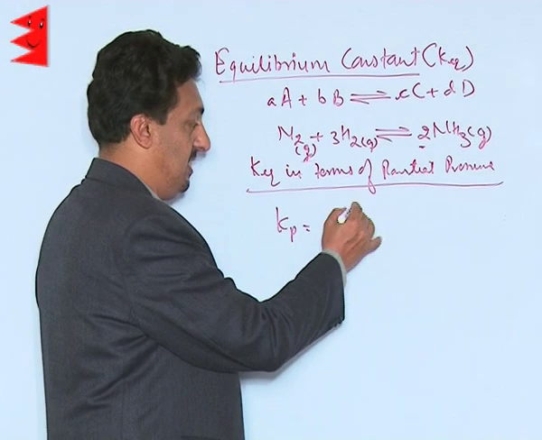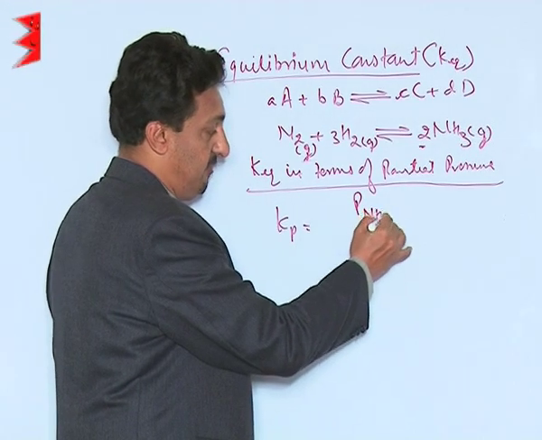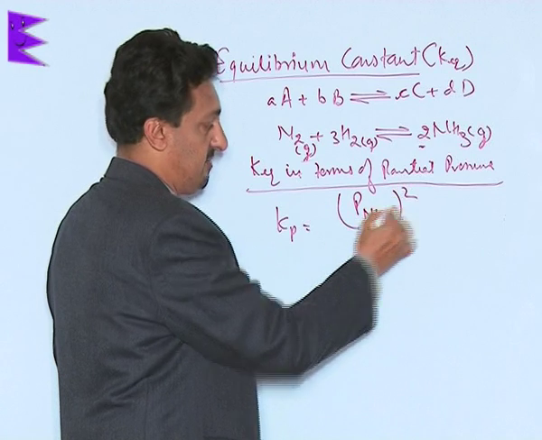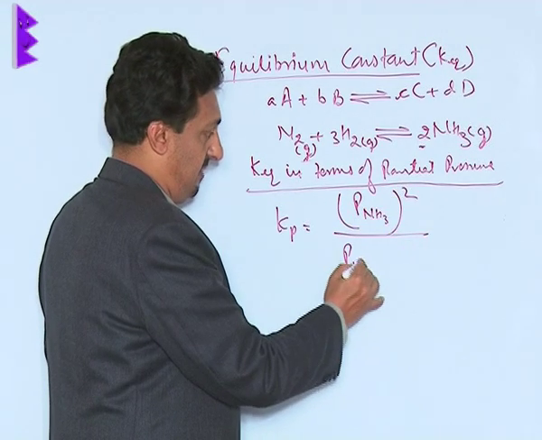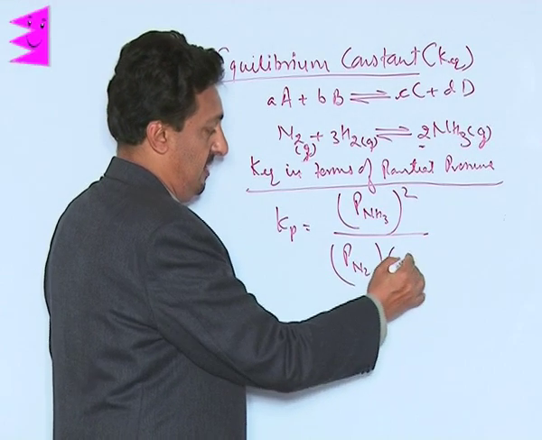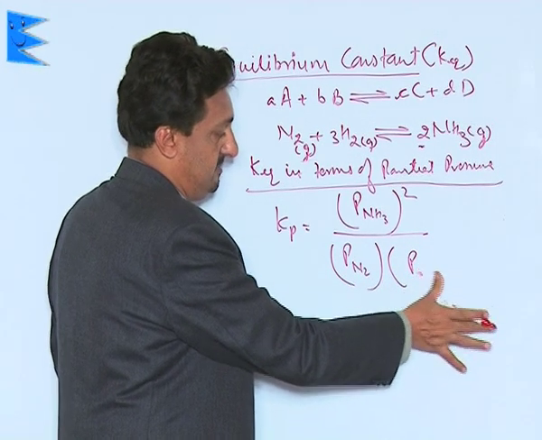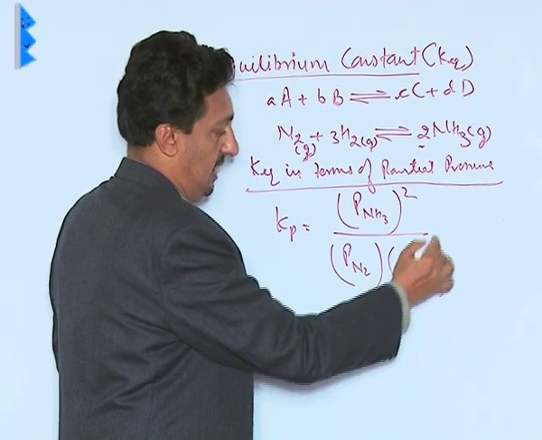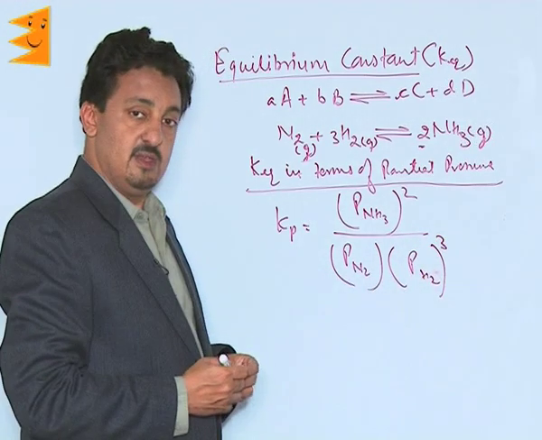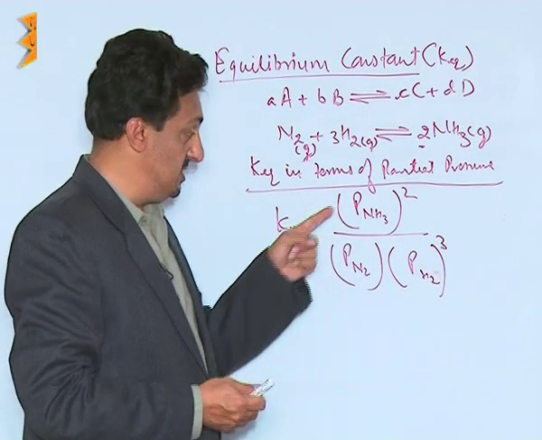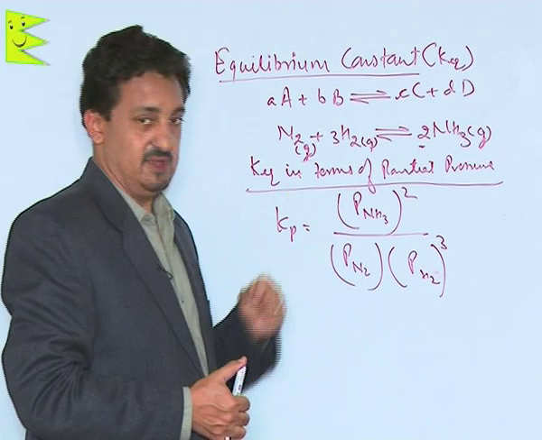So it will be Kp: partial pressure of ammonia squared, partial pressure of nitrogen and partial pressure of hydrogen cubed. So in place of concentration, we'll be using the partial pressures.